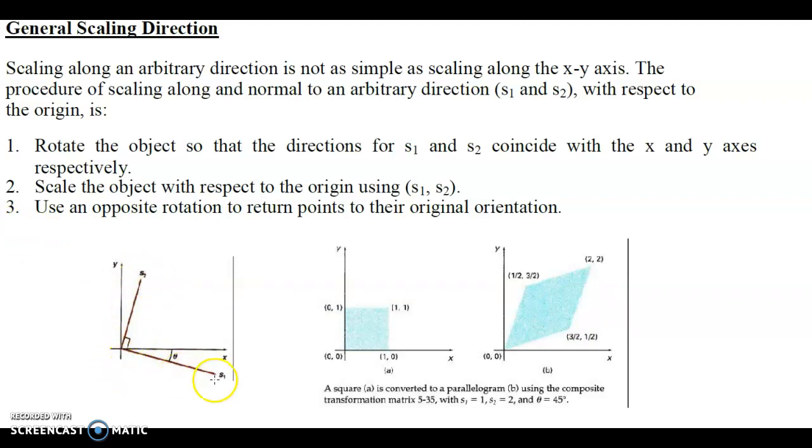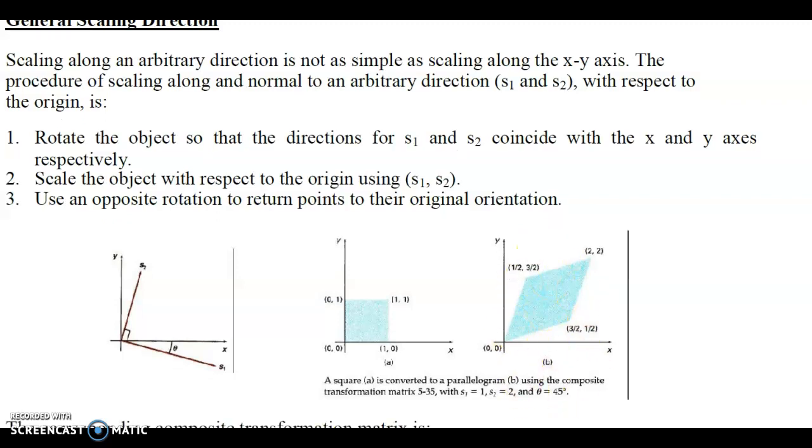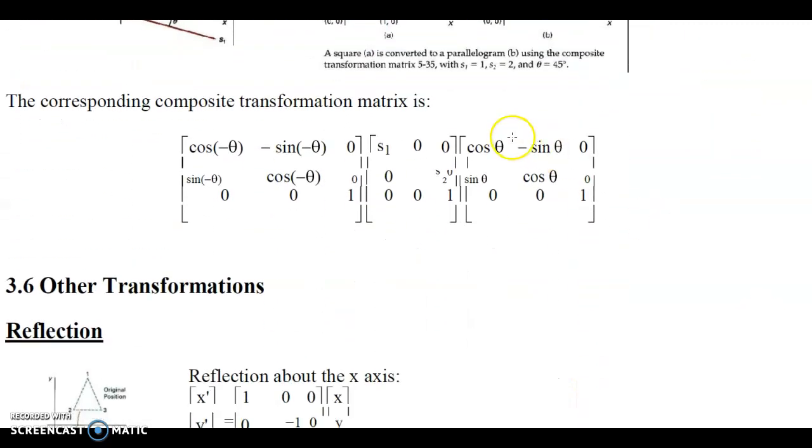If this is the axis along which we are scaling, we rotate the object so that it coincides with the x axis and y axis, then scale using the scaling factors s1 and s2, then rotate it in the opposite direction so that we get the original orientation. That will be the scaling matrix: first rotation, then scaling, then opposite rotation.